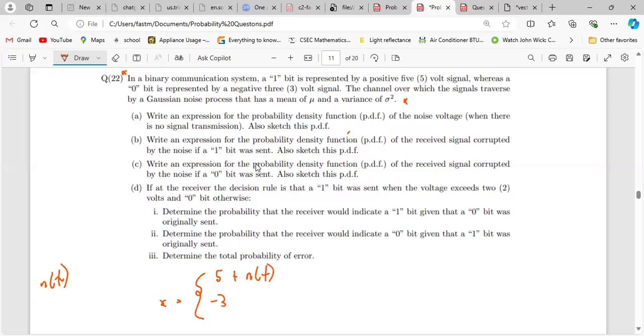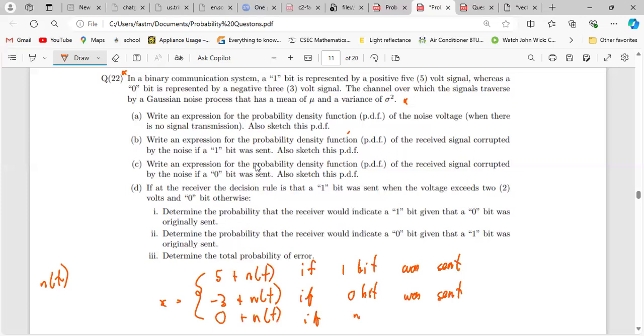We could have minus 3 plus noise, and we could have 0 and noise alone. So 5 plus the noise is if a 1 bit was sent, this is if a 0 bit was sent, and this is if there's noise alone, or nothing was sent.